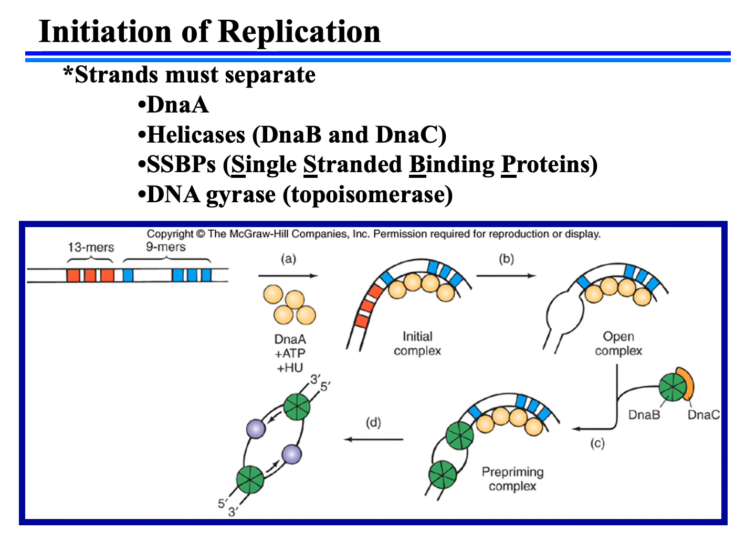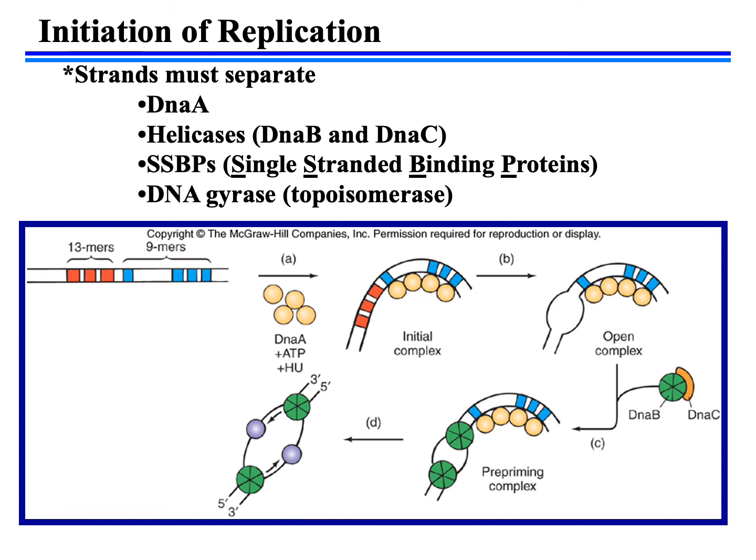They are DNA binding proteins, so they can recognize the specific sequence and bind to the DNA. But they also have protein-protein binding interaction, meaning that they can bind to each other. So you see multiple copies of DnaA coming in and binding to the 9-mer sequence, but hopefully what you can see is they're also binding to each other.